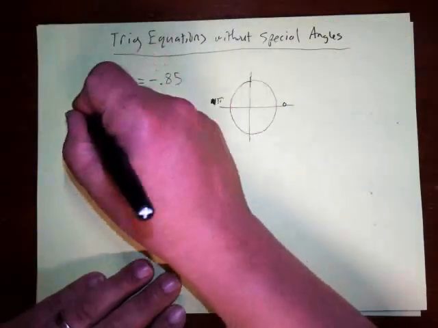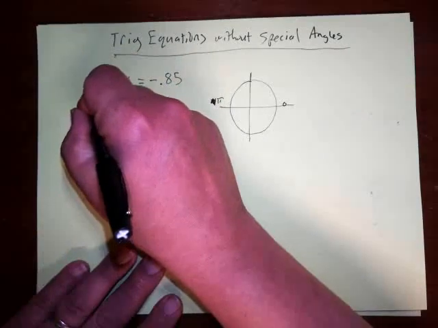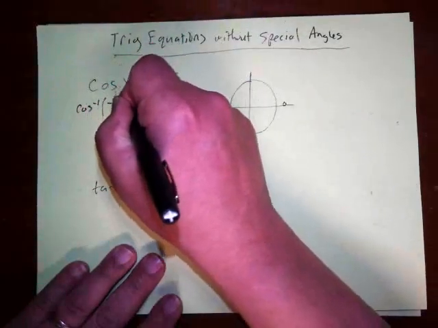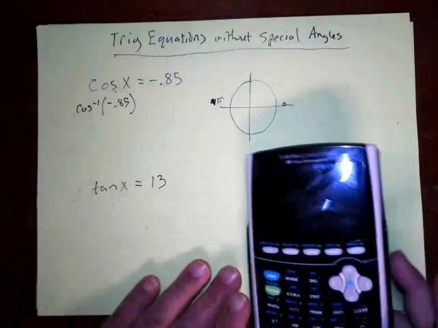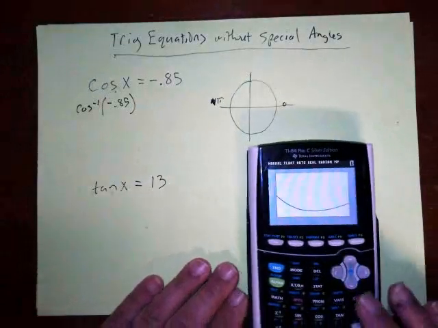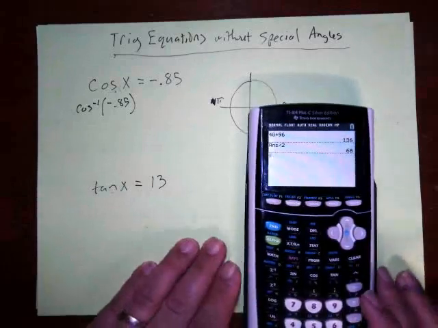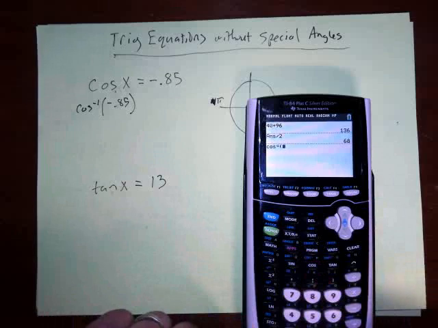So what I'm going to do then is take cosine inverse of -0.85, because I don't know the angle off the top of my head. The way you do this on your calculator is you hit second cosine, and then you put -0.85.